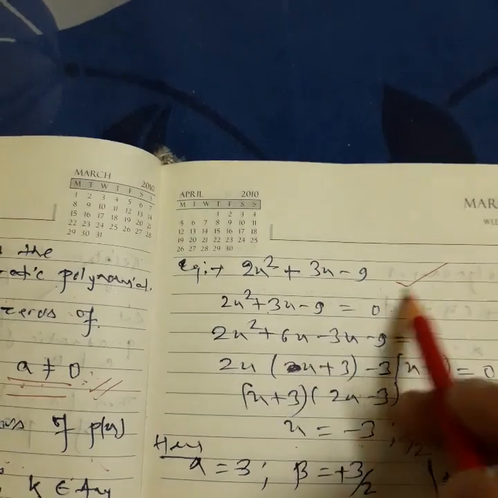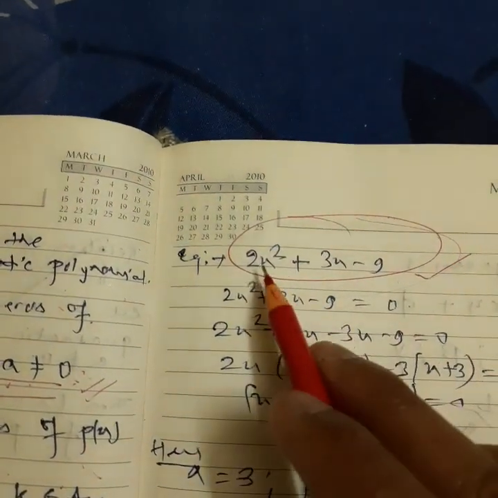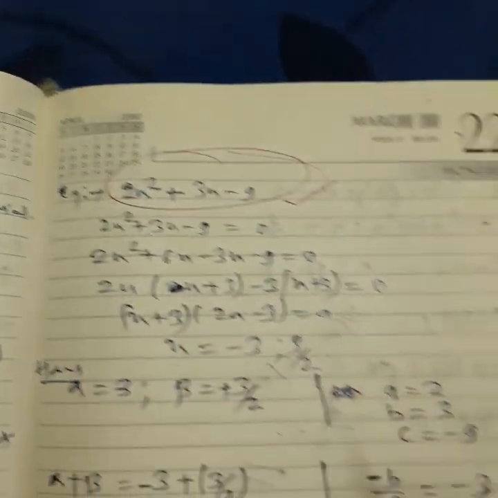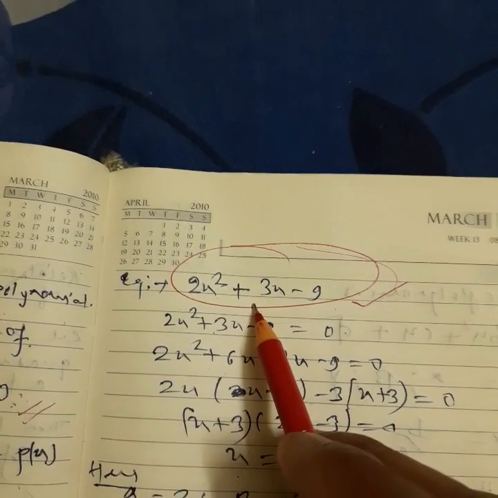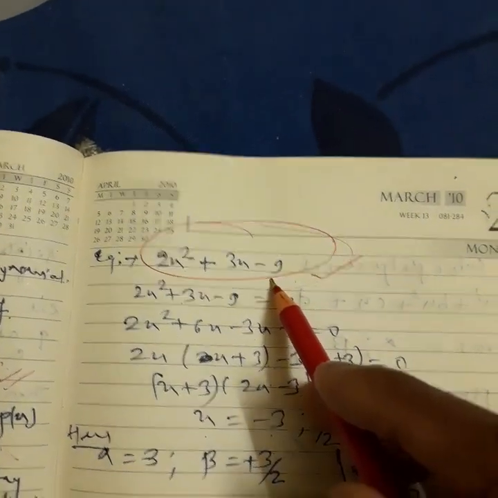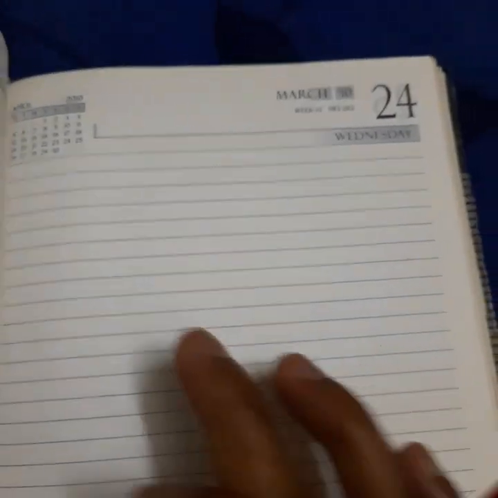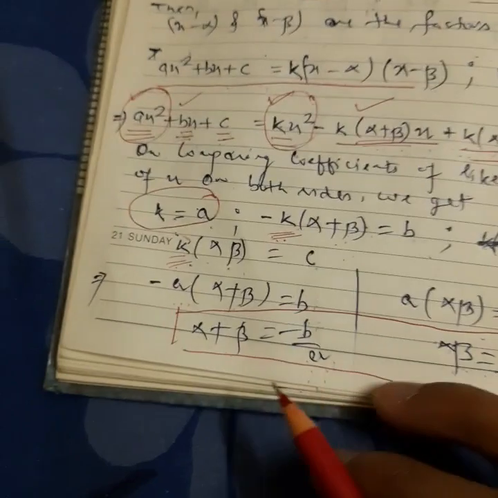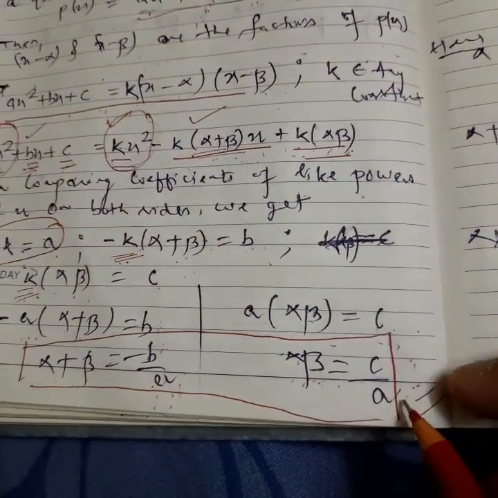Now in this polynomial, the coefficient of x square is a, so we can write a equals 2. The coefficient of x is 3, so b equals 3, and the constant term is minus 9, so c equals minus 9. As we have discussed just now, sum of zeros is minus b by a and product of zeros is c by a.